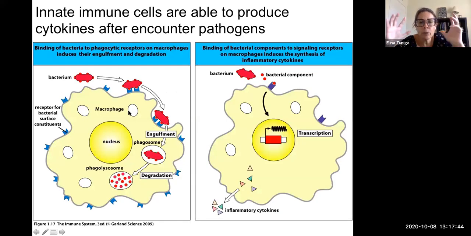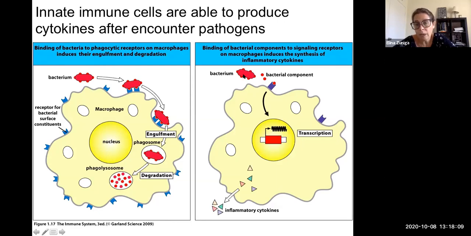Just to put this in perspective again, we talked about how macrophages are phagocytic cells. When a bacterium binds to a receptor on a macrophage or other innate cells, triggering this receptor may trigger the engulfment of the bacterium, and this will promote its degradation.